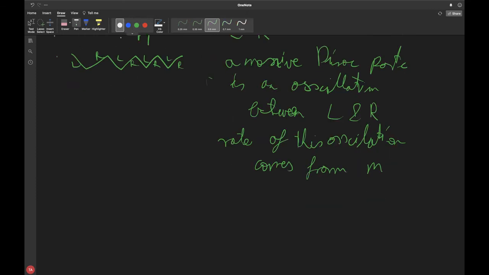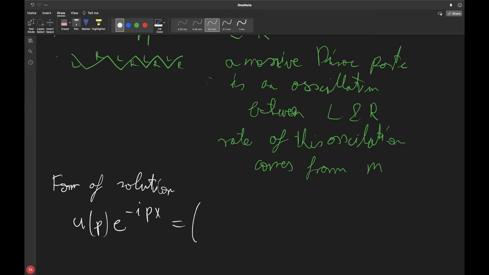So when we are looking for the insides of these two wave functions, let's see the solution of the Dirac equations in the form of u(p). So the form of the solution is u depends on p, with the exponential of minus ipx, and it has u left and u right components.